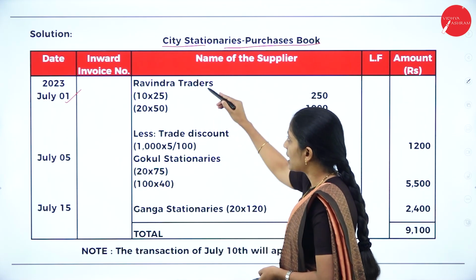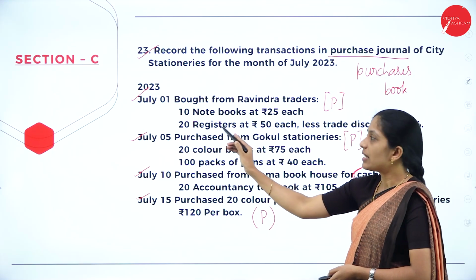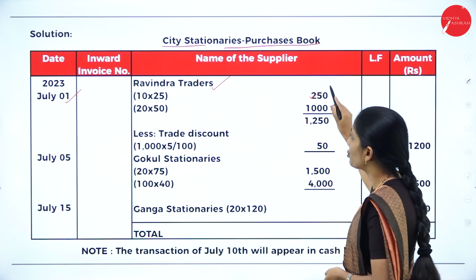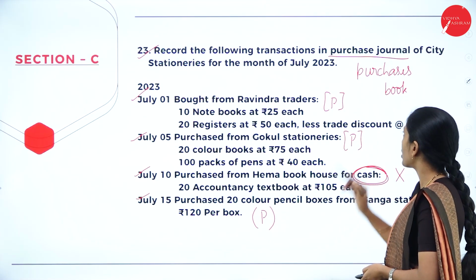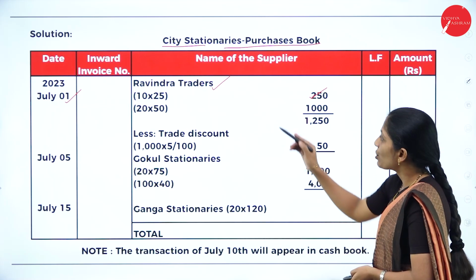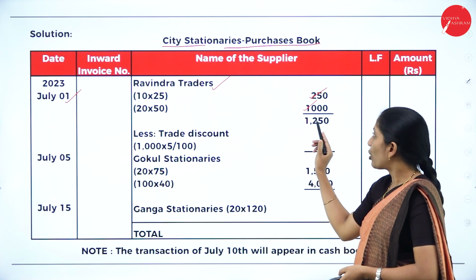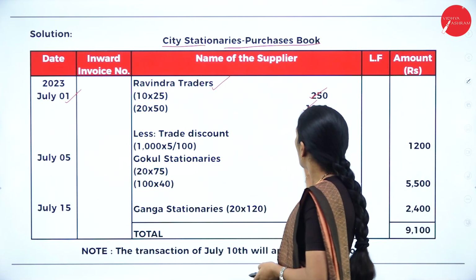Name of the supplier is Ravi Traders. Then, what did we purchase? 10 notebooks at rupees 25 each. So, 10 into 25, 250. Then, 20 registers at 50 each, less trade discount at 5%. So, 20 into 50, that is 1000. Now, you got 1250, but we have a trade discount on this 1000.